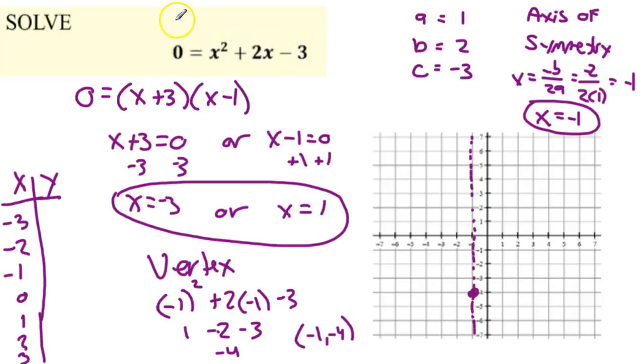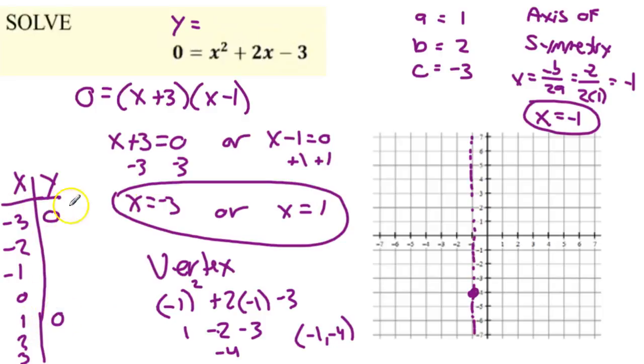You can make this an equation, put y here instead of 0. And this is saying when x is negative 3, y must be 0, or when x is 1, y is 0.